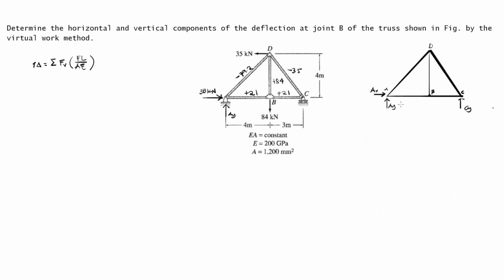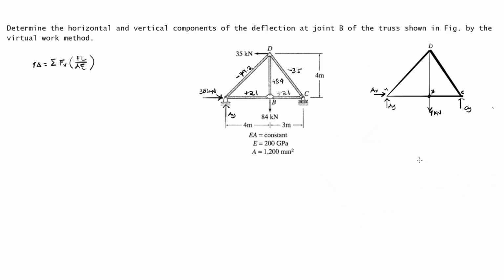So, next, let's load the virtual loads natin. Okay, so horizontal and vertical components. So, unahin muna natin yung vertical components. So, sa vertical components, ang gagawin lang natin, maglalagay tayo ng vertical unit load. Saan? Sa point B, kung saan tayo naghahanap ng deflection. Okay, 1 kilonewton. Okay, so i-load natin sa point B. Sa horizontal naman, the same structure.